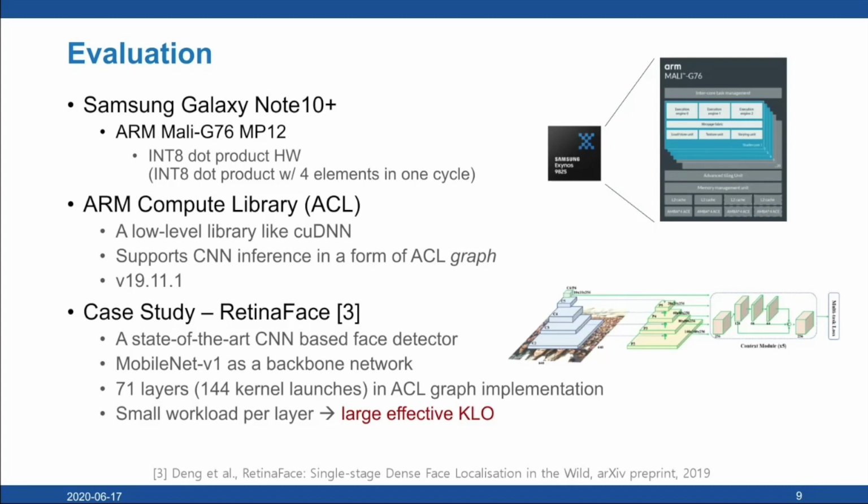In the evaluation, we use RetinaFace, a state-of-the-art face detector and localizer. It uses MobileNet v1 as a backbone network, which means the workload per layer is small and the effective kernel launch overhead is large. The number of kernel launches in the ACL implementation is 144.